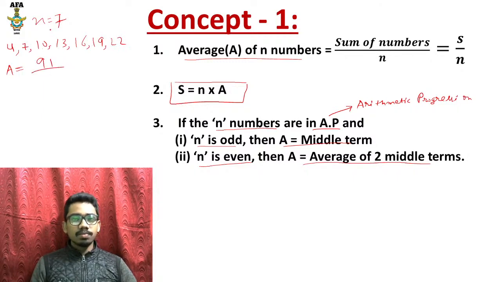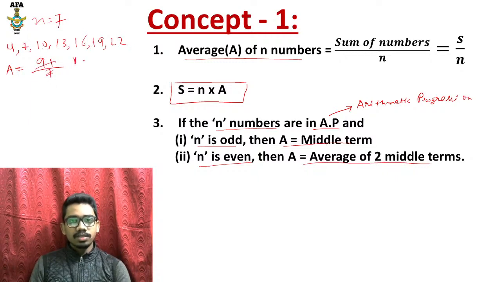Average equals sum of numbers by n, so divide 91 by 7. 7 ones are 7, 7 threes are 21. So the average is 13. This is the first method of calculating this.